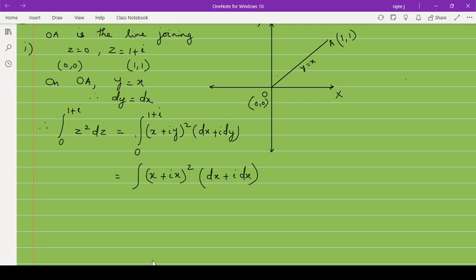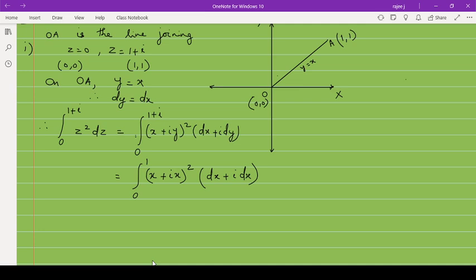Now this is all in terms of x only. So the limit of x is from 0 to 1, from (0,0) to (1,1). So x moves from 0 to 1 and y also moves from 0 to 1. We have converted all y to x, so you need only the limit of x.